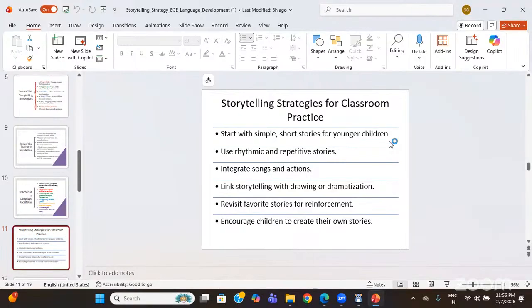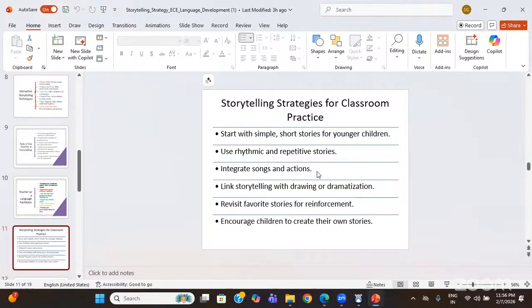So remember that. Then you have to use some rhythmic and repetitive stories, some rhythmic sounds or words in the story to attract the children more and capture their attention.